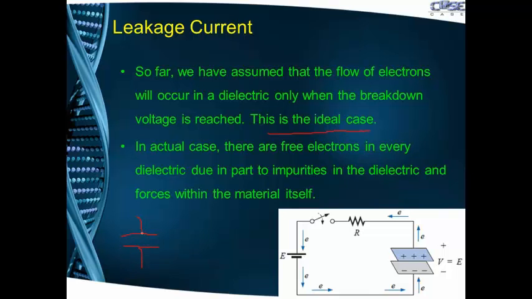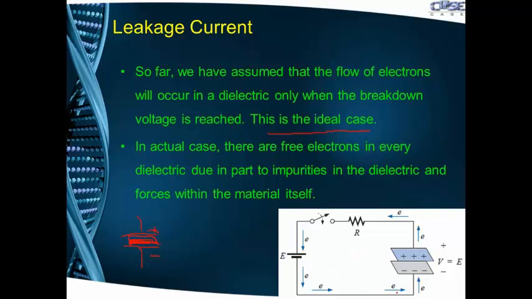So this would be the ideal case, but practically, due to some impurities within the dielectric material, a small leakage current would flow from one plate to the other because of the tendency of the voltage of one plate with respect to the other, it would like to support the current through this gap, and if there is a possibility for any current, then this current would be flowing through these plates, and this current is called the leakage current.